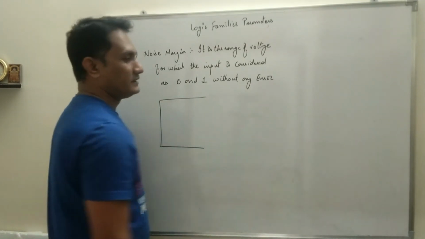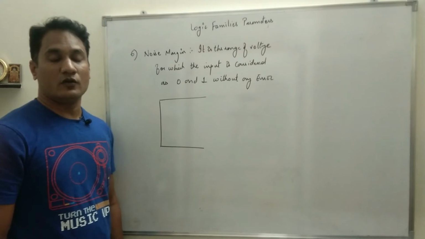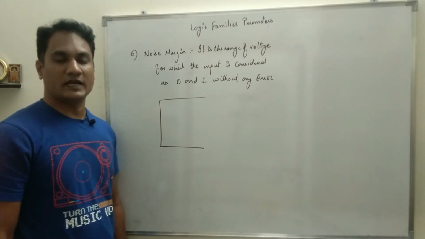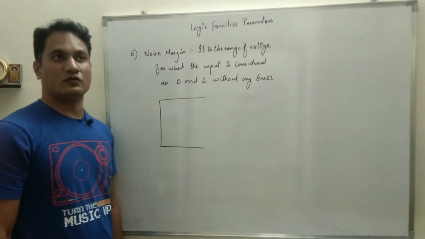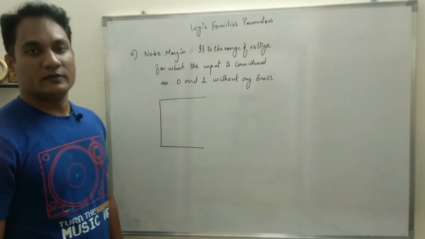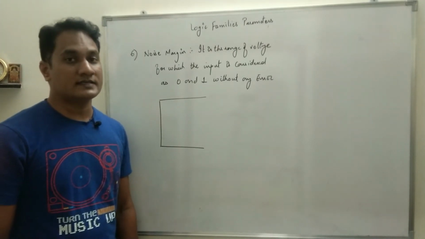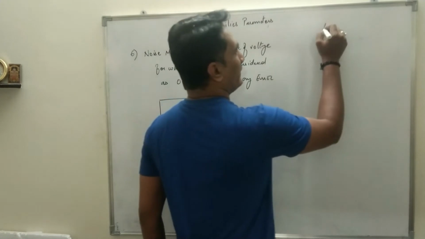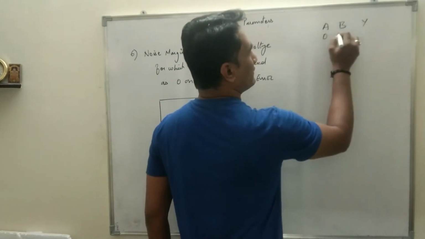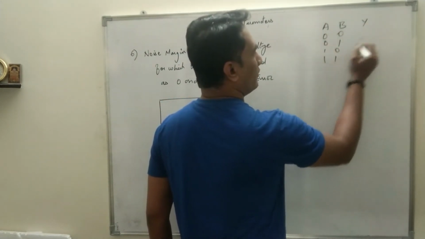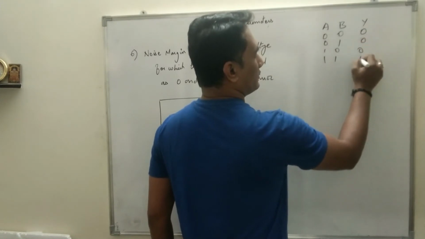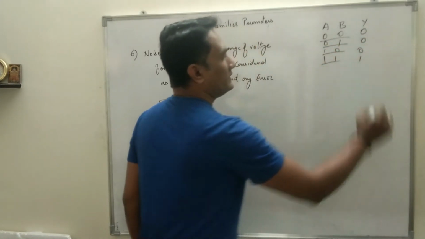In digital circuits, take the AND gate for example. The truth table has two input variables A and B, and the output Y. A, B: 0, 0; 0, 1; 1, 0; 1, 1. So the output will be 0, 0, 0, 1. Now these are the input conditions.